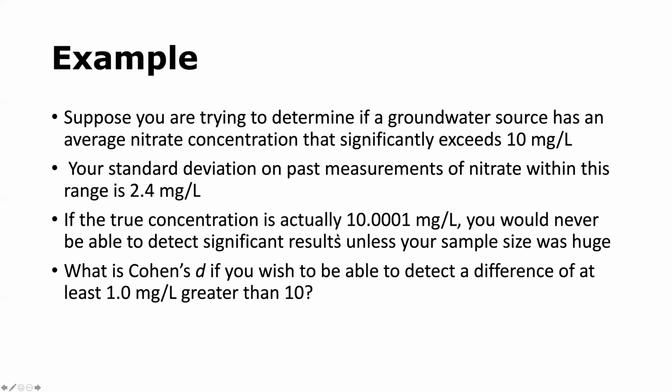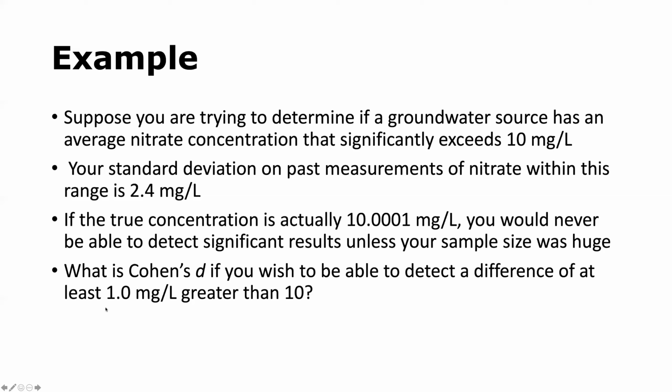So if the true concentration, which we don't know before we collect the sample, is actually, let's say, 10.0001 milligrams per liter, that's a very, very small difference above our threshold of 10. So we would really never be able to detect significant results at that level unless we had a very, very large sample size.